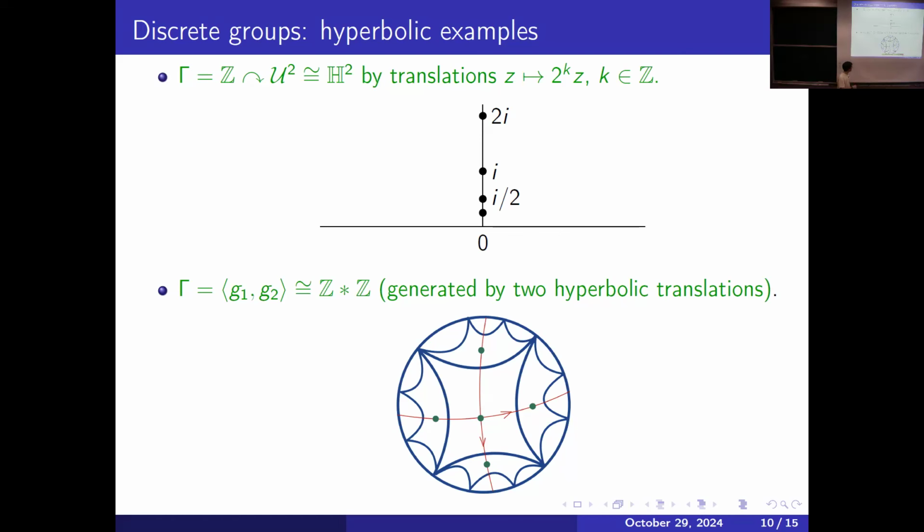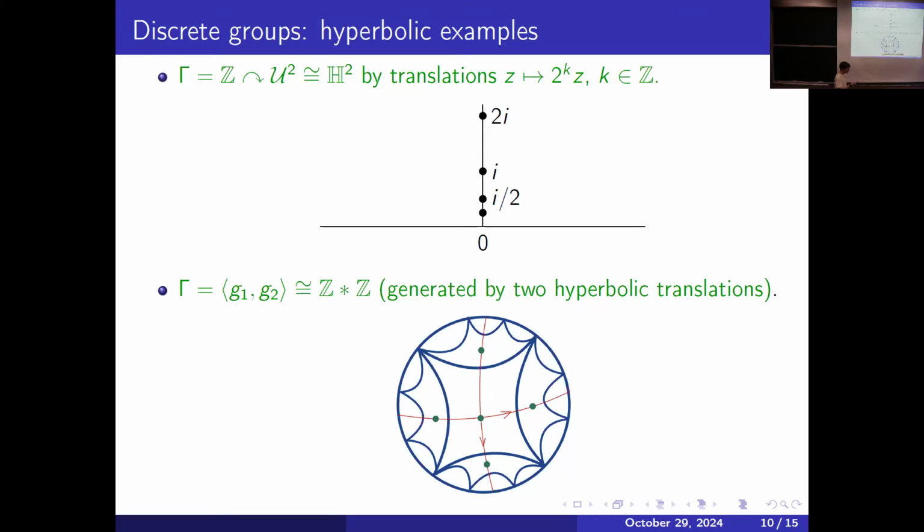Then you can take two translations. They are shown here in red. Since these are disjoint, the opposite sides of the square are disjoint, we have a unique orthogonal geodesic, an orthogeodesic, which is orthogonal to both of the opposite sides.